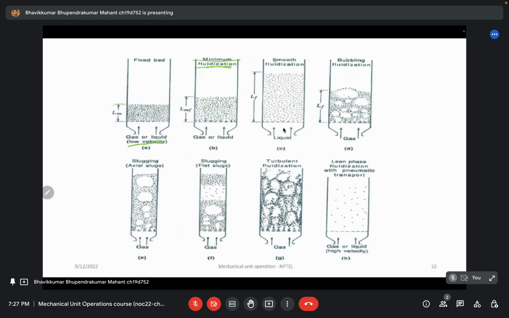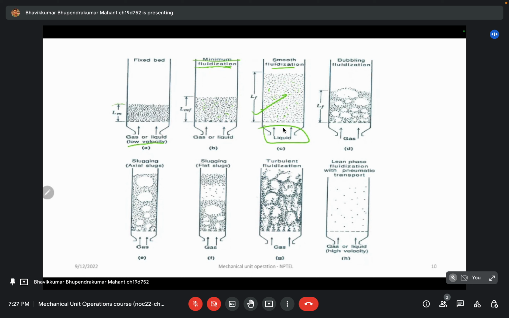Then if you discuss liquid, and further increase the flow rate of liquid, every particle is situated at an equivalent distance. There will be not much difference, and there will be a uniform pattern of solid particles.